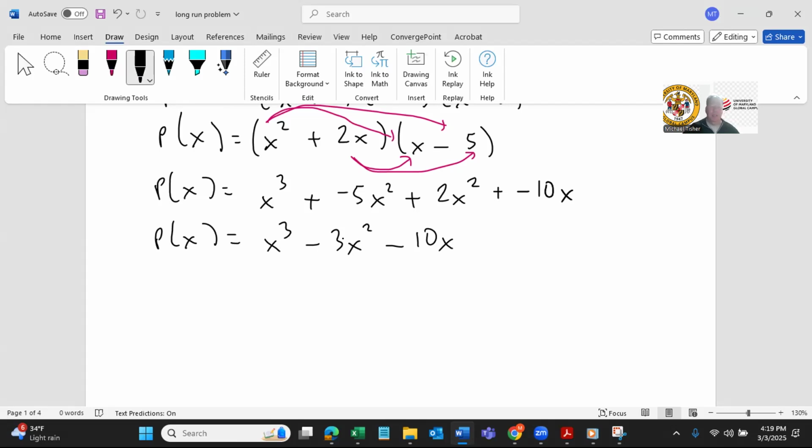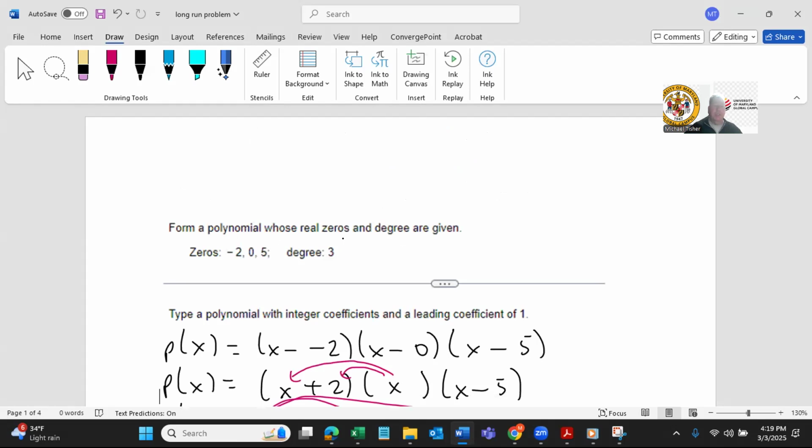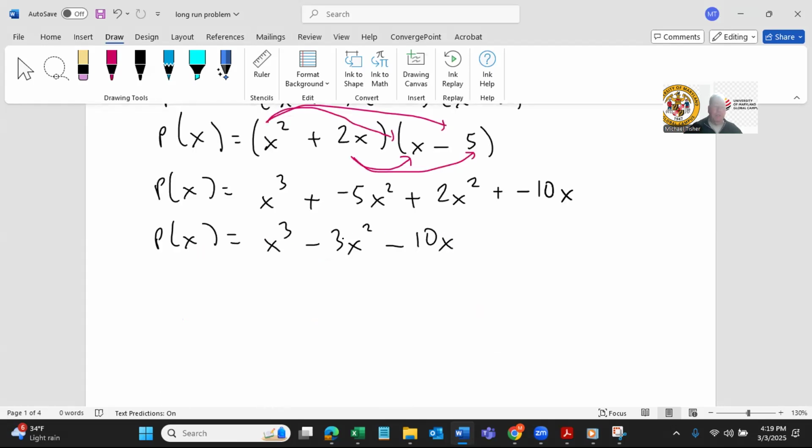But now, to really check that this is the right answer, let's make sure that these zeros are -2, 0, and 5 on this polynomial that we just found. So let's graph this polynomial.